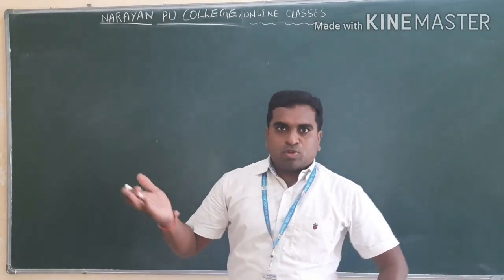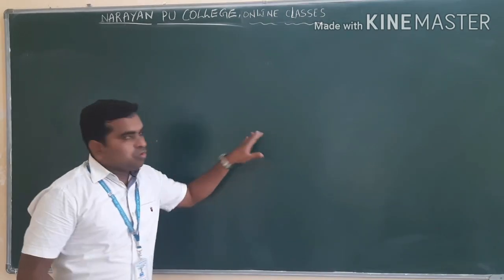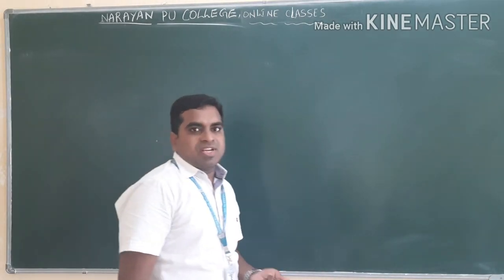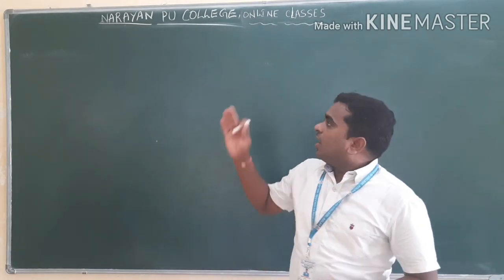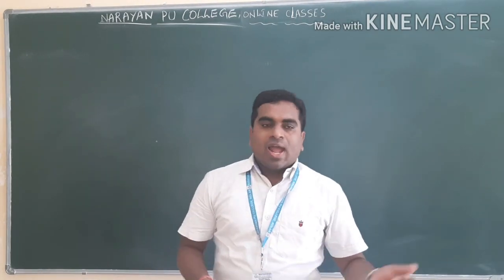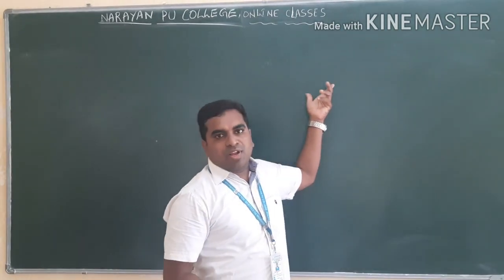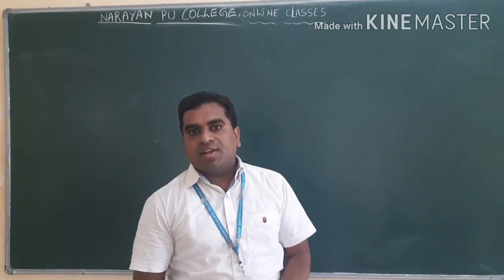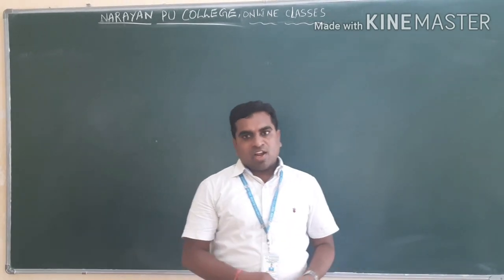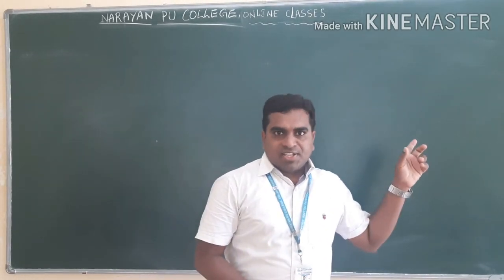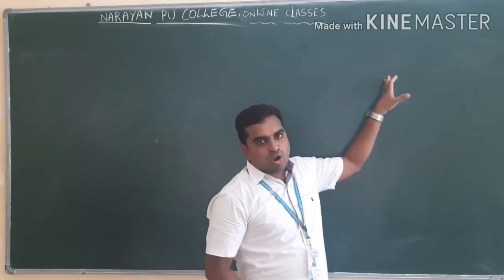Now we have discussed nitration and sulfonation, and just now I mentioned the preparation of picric acid. We prepared picric acid from phenol treated with concentrated HNO3, but I already mentioned that concentrated HNO3 is a strong oxidizing agent.